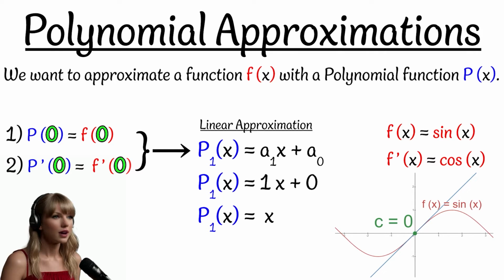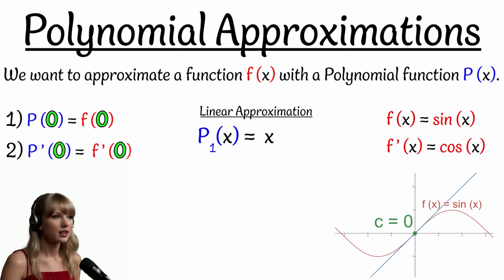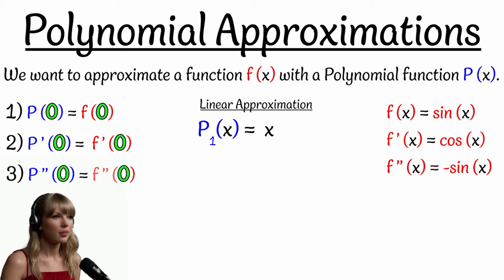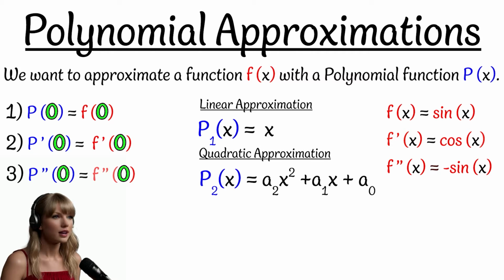So this polynomial is pretty good near 0, but what if we want one that is a better approximation a little further out? To improve the approximation, we can also require that the second derivatives of the function and the polynomial are equal at the center. With these three requirements, we can now find a quadratic polynomial that can better approximate sine around 0.